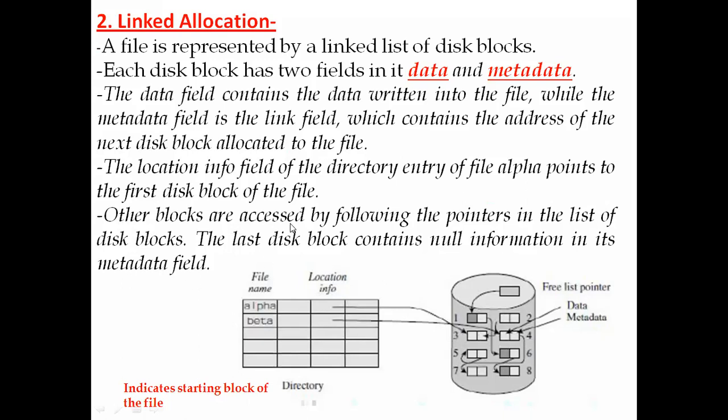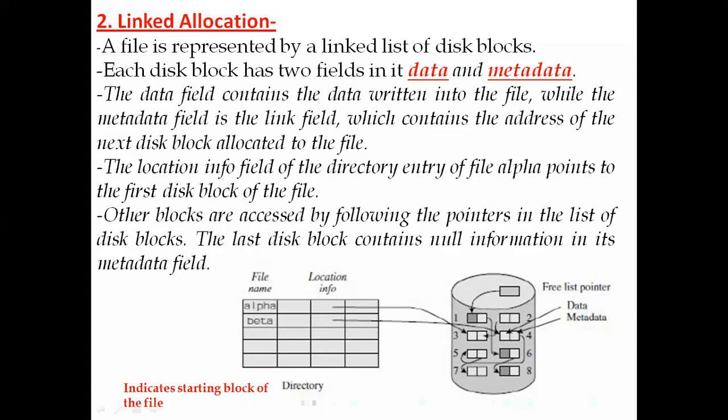The other blocks are accessed by following the pointers in the list of disk blocks. If you see disk block 1, it points to the address of the next disk block 6, and block number 6 again points to the address of the next disk block.